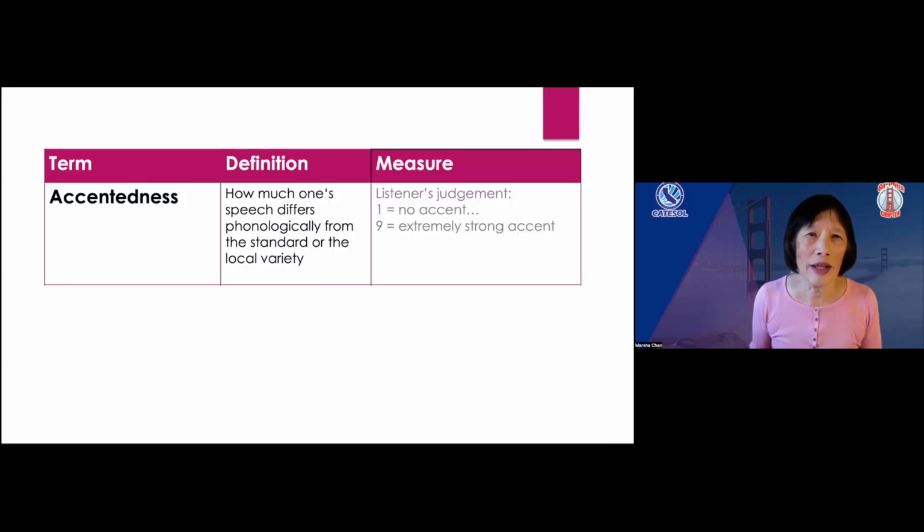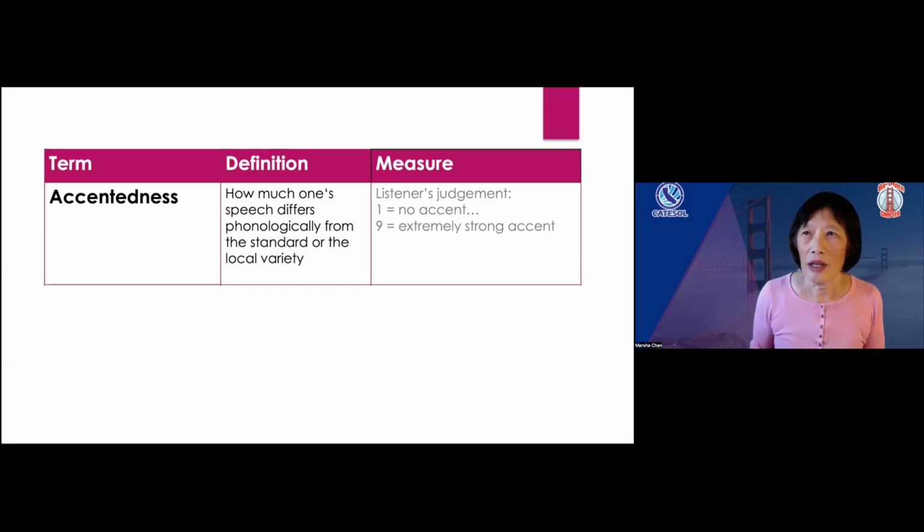Let's talk about what these terms mean, because they're often used when talking about accent and pronunciation in speech. So what does accentedness mean? It's how much one's speech differs phonologically from the standard or from the local variety. So that's based on a listener's judgment.